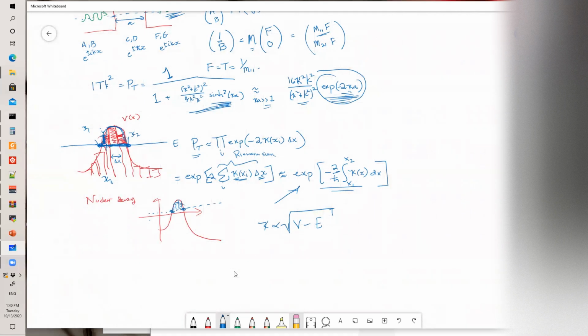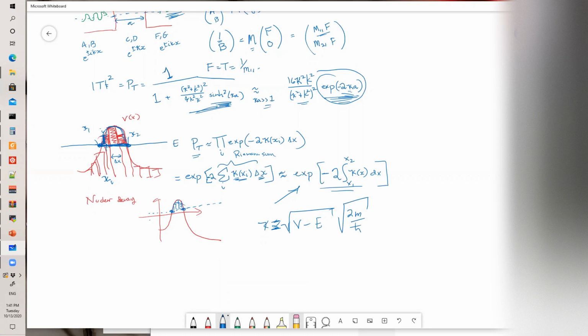Well, yeah, oh, yeah, I sort of got mixed up here. So there's no h bar. I'll tell you what it is. The h bar snuck in there because kappa is equal to the square root of 2m over h bar squared, right?